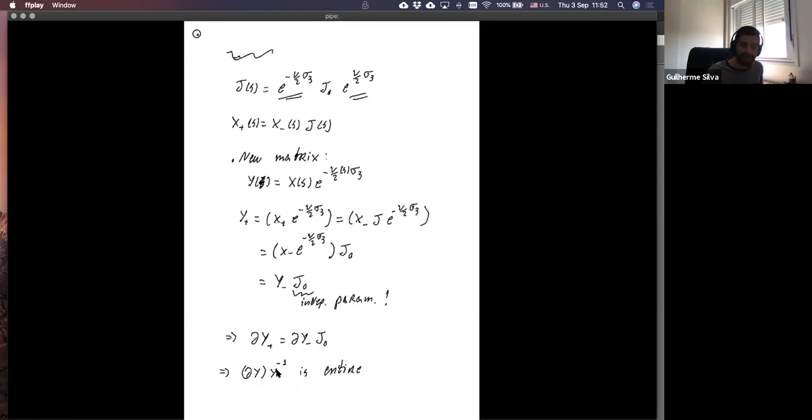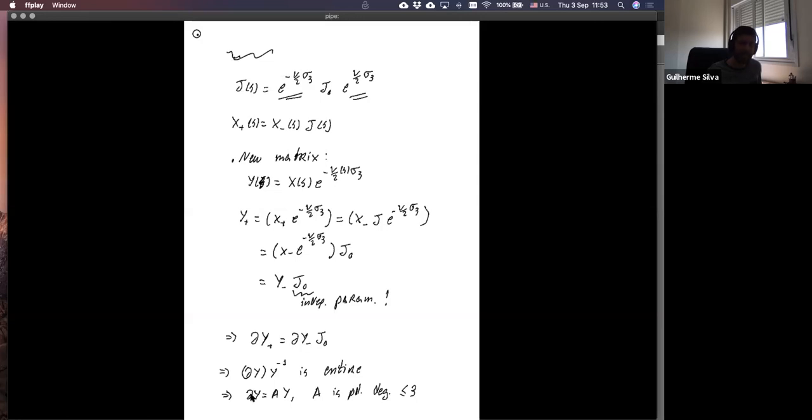The exponential parts of partial Y cancel the exponential parts of Y inverse, and only the polynomial part, which comes from the derivative of this factor, remains. By Liouville, you get that partial Y equals a certain matrix A times Y, where A is a polynomial of degree at most 3, depending on the degree of your polynomial V. V is for us a polynomial of degree 3.